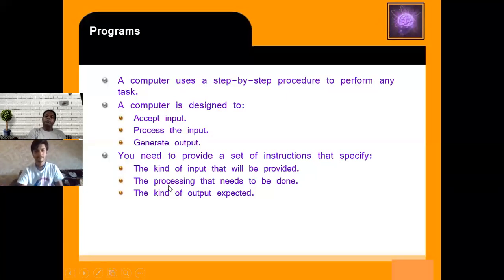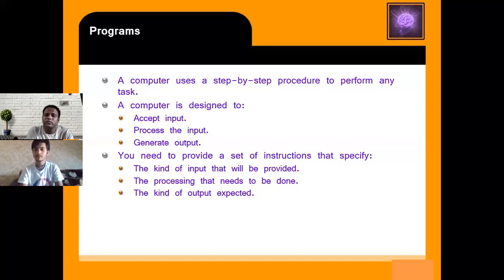You need to provide the set of instructions that specify the kind of input that will be provided. So suppose you are expecting mango juice. If you are expecting mango juice, your input should be a mango. So the output is dependent upon what kind of input you are giving.